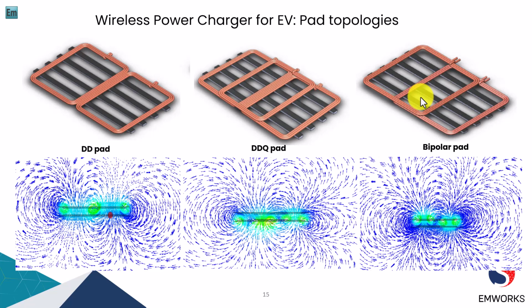It also allows for bidirectional charging, meaning the vehicle can both receive and transmit power. Overall, these pad topologies offer better charging efficiency, greater tolerance for misalignment, and additional features such as bidirectional charging for bipolar pad.